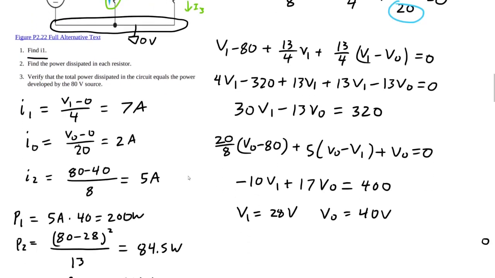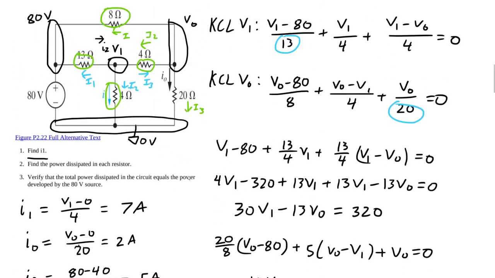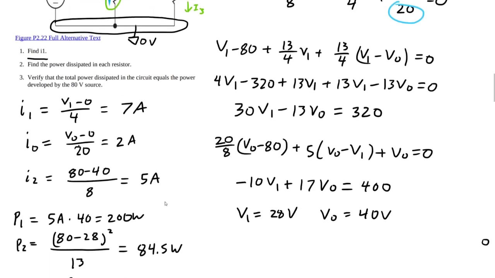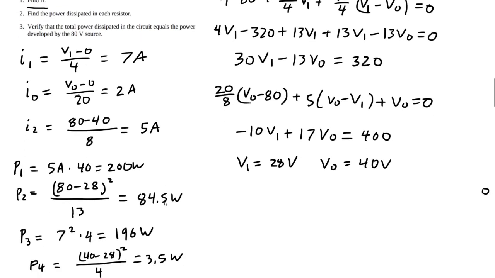Let's do that one more time. 40 minus 28 is 12, and then divide that by 4, 3 amps. Yeah, I made a calculation mistake. What did I do here? I did 14 divided by 4. That was my bad. Okay, that is supposed to be 36 watts.